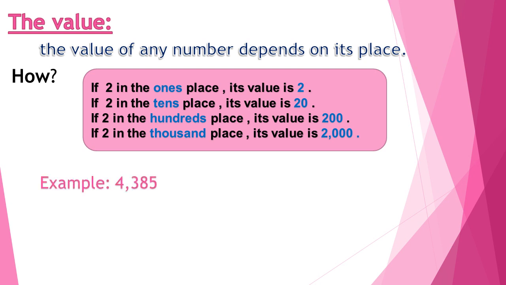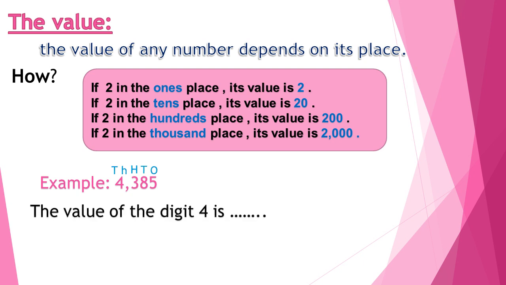For example, we have this number. First, we put the house or the places above each digit: ones, tens, hundreds, thousand. 4,385. Complete. The value of the digit 4, 4 in thousand. Then its value is 4,000. We put 3 zeros.